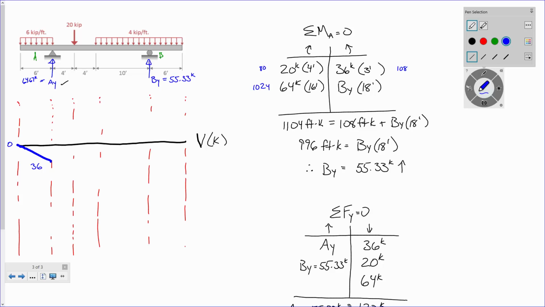And now there's this 64.67 kip force. It's saying, Greg, go up. So I go up 64.67. And maybe I should keep my sign here and put negative because I went down. If I'm at negative 36 and I went up 64.67, where am I at?